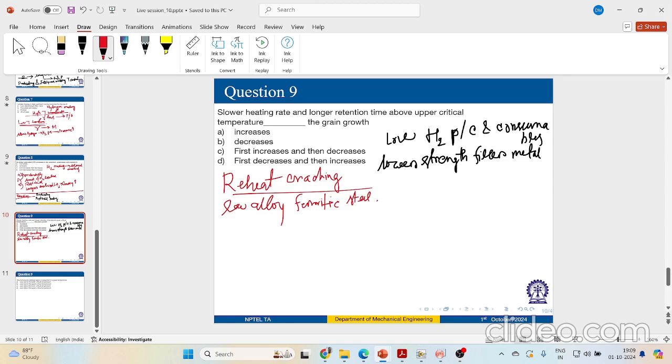This alloy steel is sometimes also called creep resistant ferritic steel.